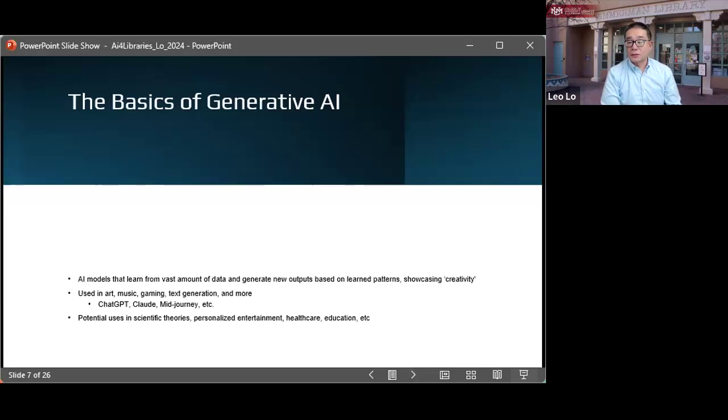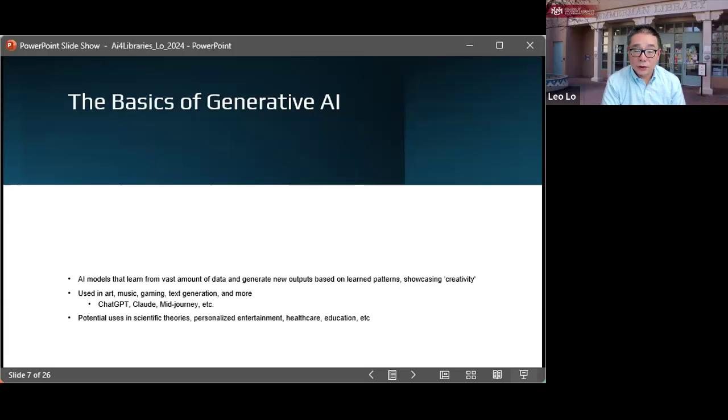This process starts with a prompt, like a sentence or image or a musical note, that allows the AI model to generate new or related outputs, like a full article from a sentence or a unique image based on another. So this is basically machine learning. Generative AI improves its accuracy by learning from large amounts of data and learning the patterns.